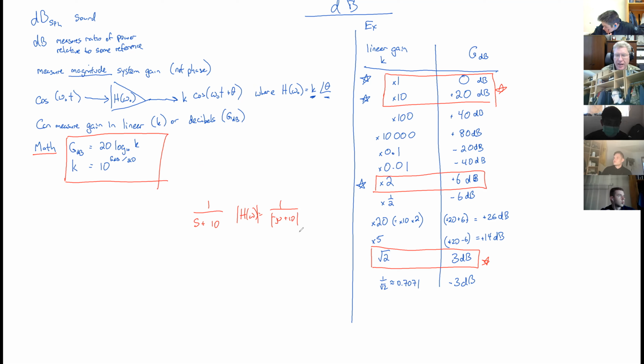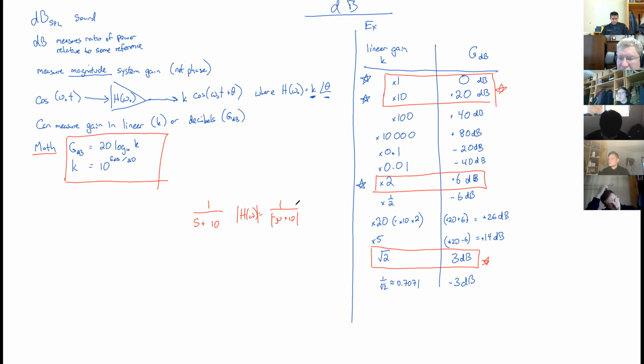When we increase omega, if omega is already rather large, as we increase omega by a factor of 10, the magnitude of the whole thing also increases by a factor of 10. If omega is already 1,000, say, increasing it to 10,000, you can ignore the 10, and that will increase the magnitude by a factor of 10, which will drop the whole thing by a factor of 10.